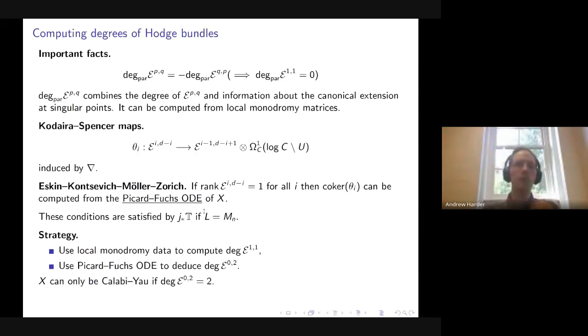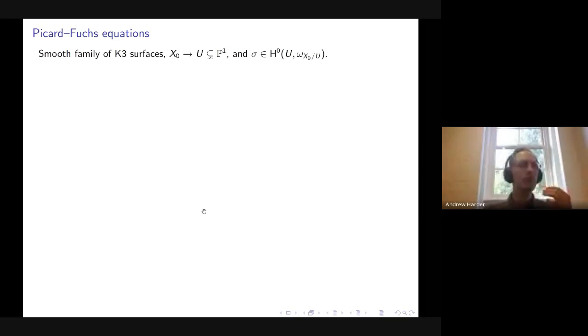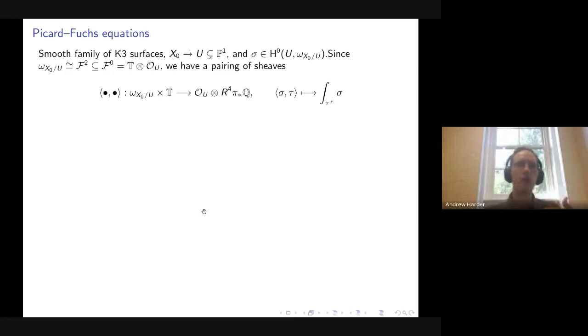So what is the Picard-Fuchs equation? I'll briefly go through this because I want to emphasize the main points. The Picard-Fuchs equation is an ODE that annihilates the periods of the family of K3 surfaces.